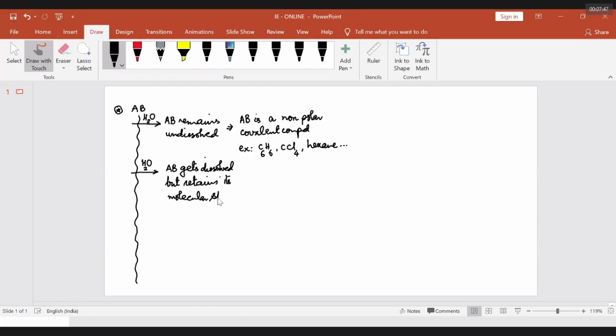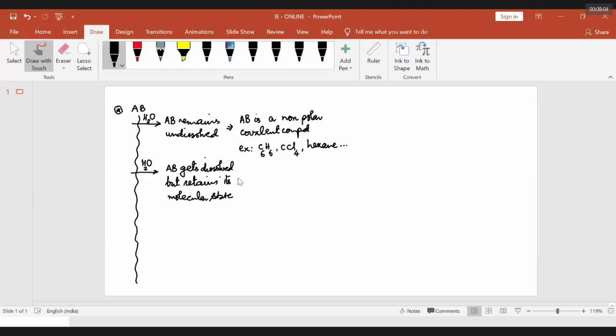What is the meaning of that? This means the substance is getting dissolved but is available as AB units. It is not dissociating into something like A plus and B minus. It is retaining as it is, but it is getting dissolved.